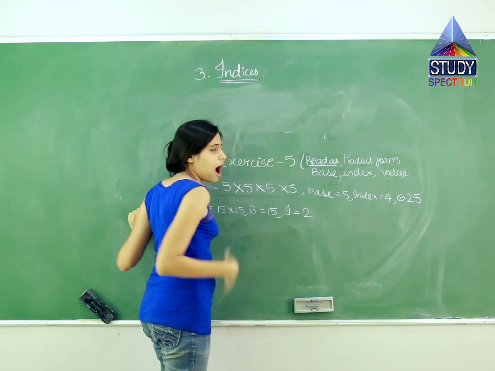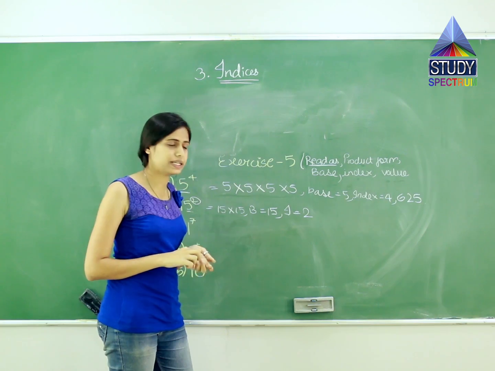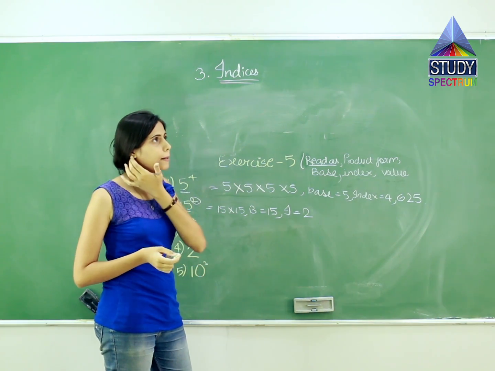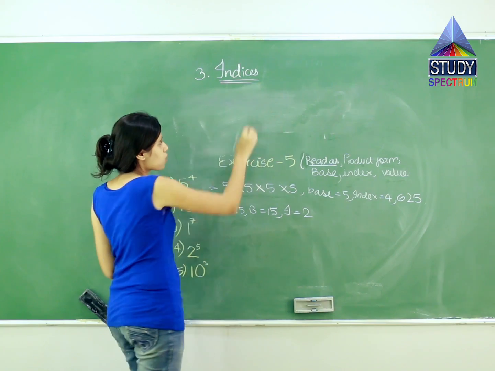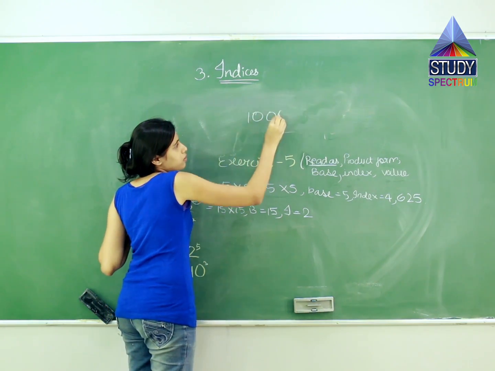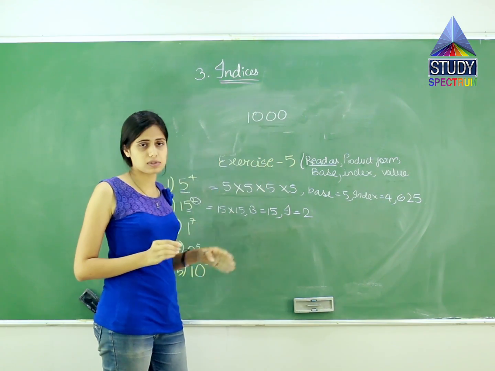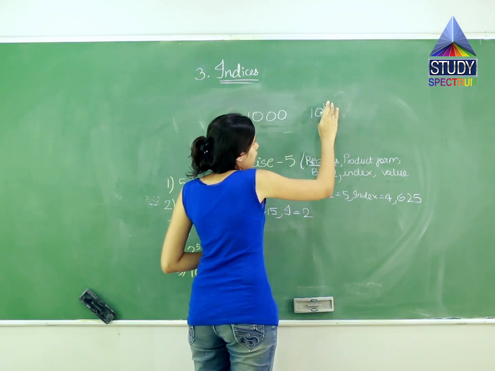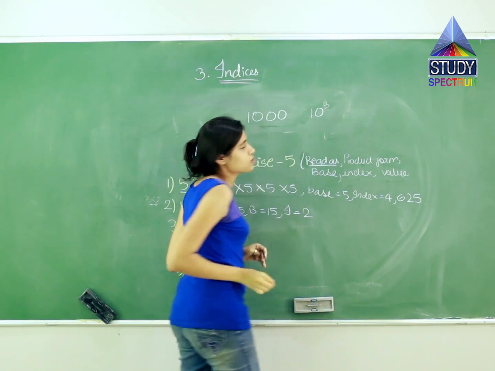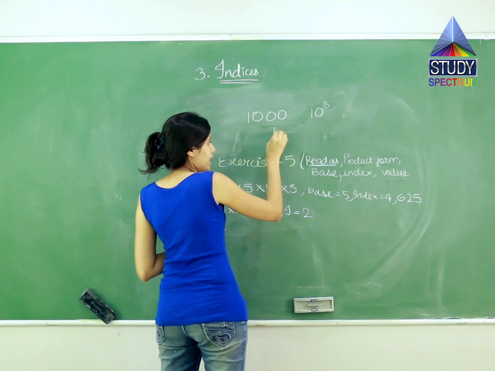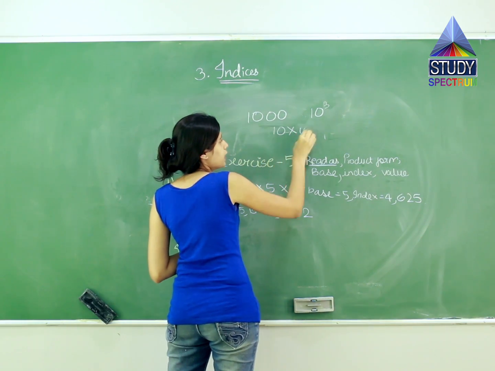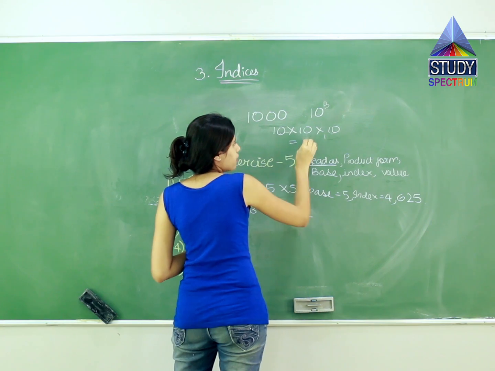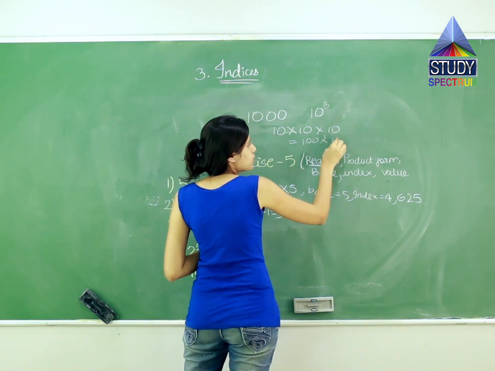Index represents how many times it should be multiplied to get the answer. For a simple form, if I say 1000, instead of writing 3 times 0, we can write this as 10 cube. 10 cube means what? 10 into 10 into 10. 10 tens are 100. 100 tens are 1000.